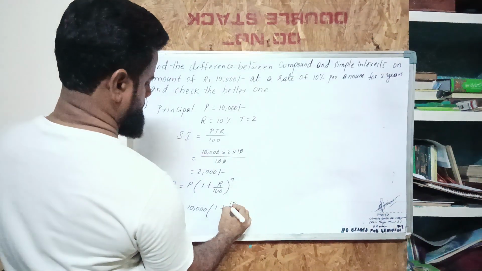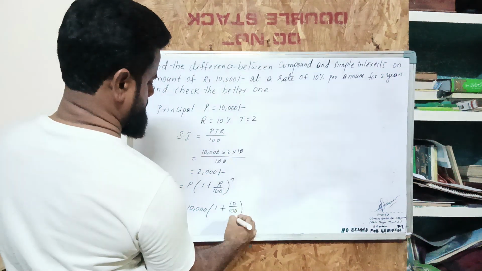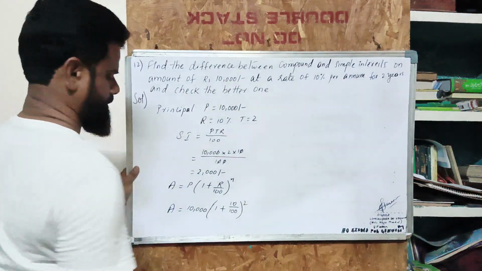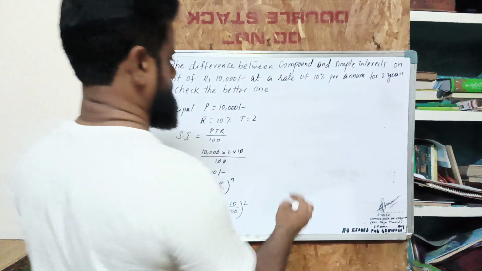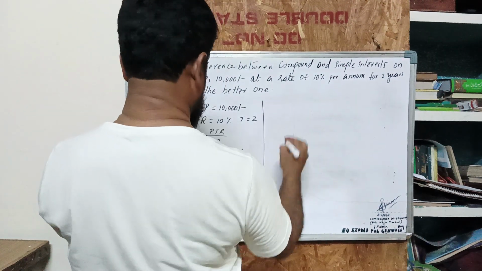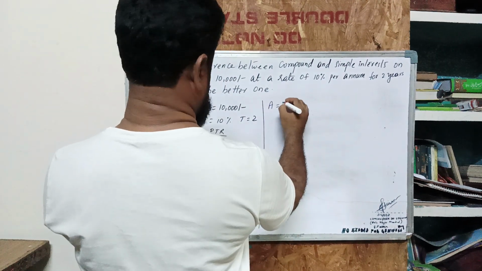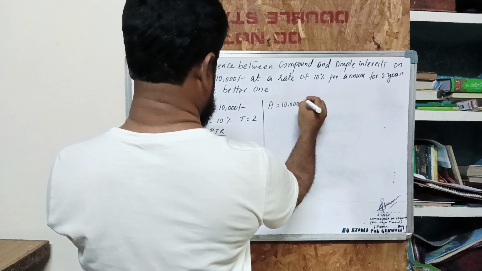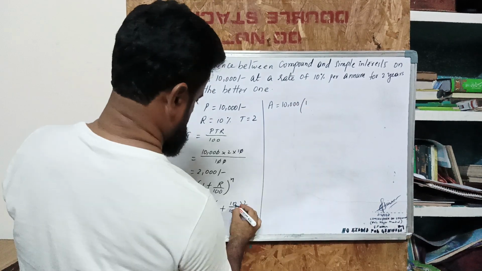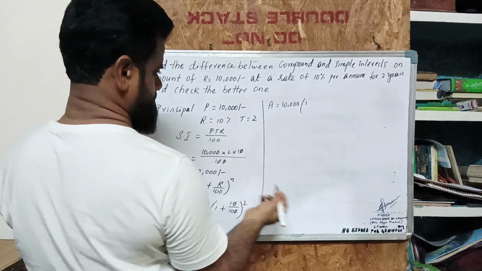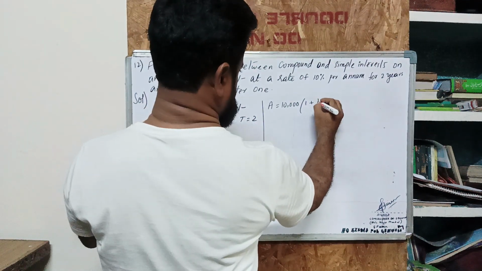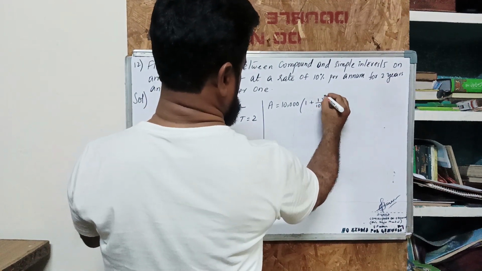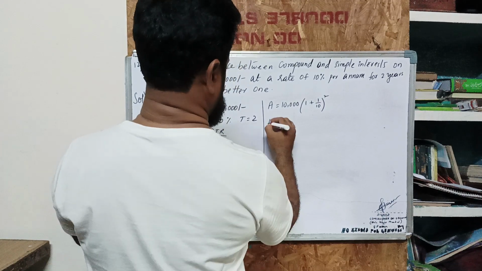R is 10 by 100. Number of years are 2. Okay. So now A is equal to 10,000 into, here this 10 gets cancelled, again this comes as 1 plus 1 by 10 to the power of 2.